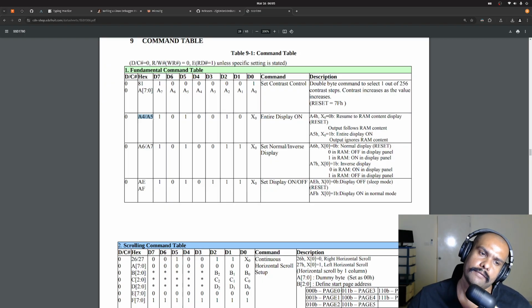A4, A5. This is A4 and this is A5. So I mean these two bits.